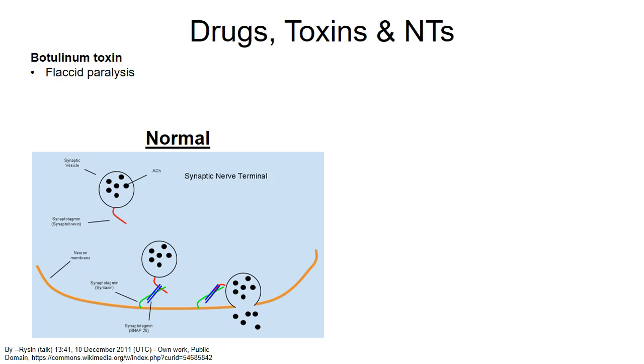So do we get neurotransmitter release if we disrupt SNARE proteins? What do you guys think? If we disrupt SNARE proteins, we take them out, we don't get neurotransmitter release. One of the toxins that does that is botulinum toxin.